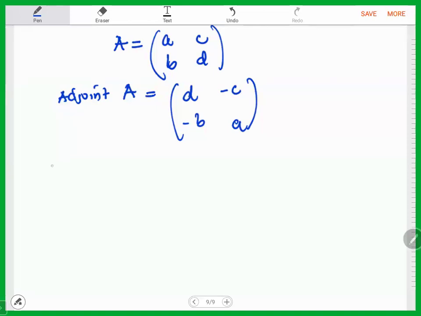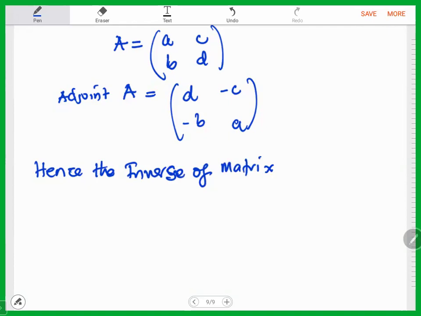Hence, the inverse of the matrix is equal to 1 over the determinant of A times the adjoint.